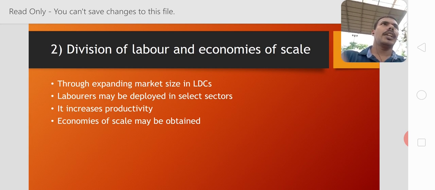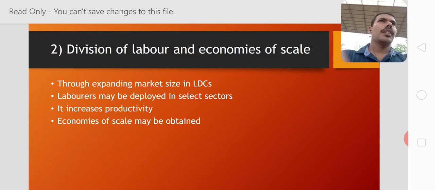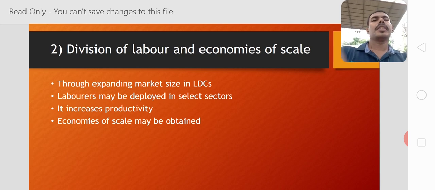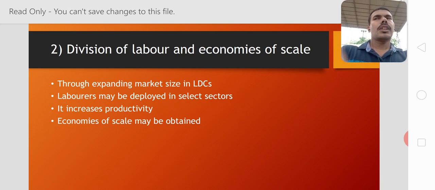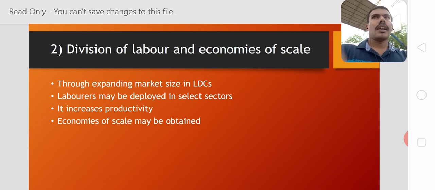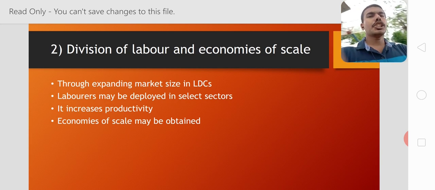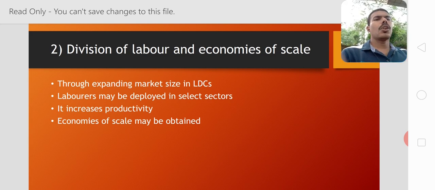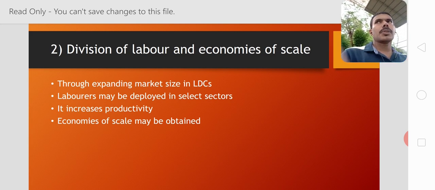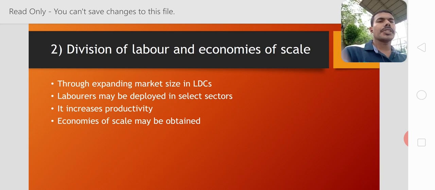There are so many Chinese brand high quality phones being imported in India. So this import of commodities has led to the opening of so many mobile shops in India. So this is the benefit of globalization.